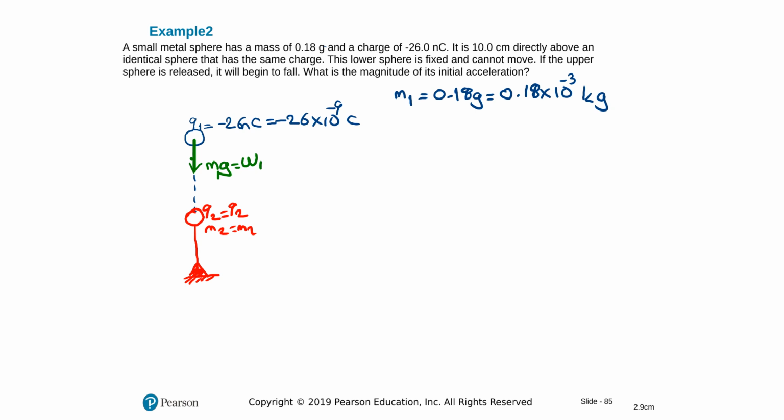It's pulling down, and these two spheres are charged with the same type of charge, both minus, so they are repelling each other. I should have said here Q2 is equal to Q1. Let's put this here. So minus 26 nanocoulomb.